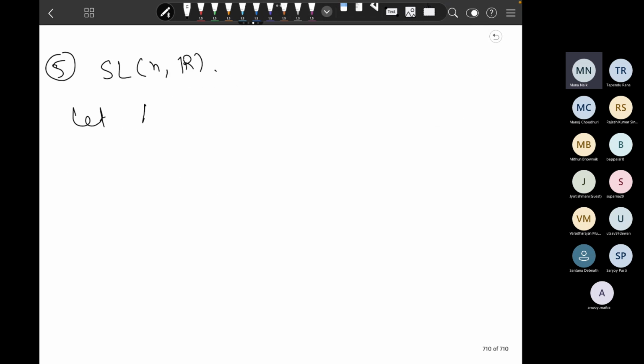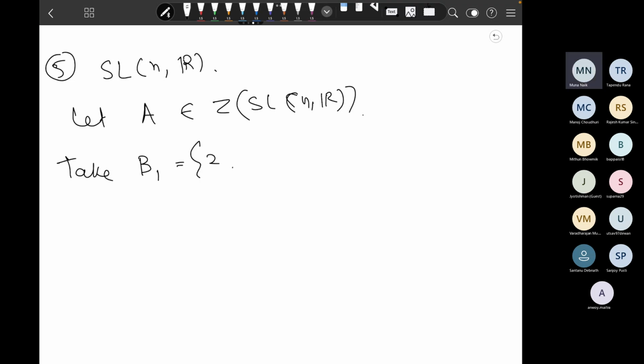So let A belong to Z of SLNR. First you have to choose an element which has distinct eigenvalues. Take B1 is equal to really diagonal of 2, 3, 4 up to n plus 1, times 1 by n plus 1.